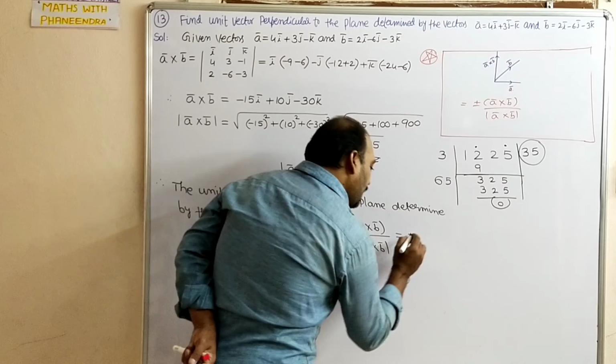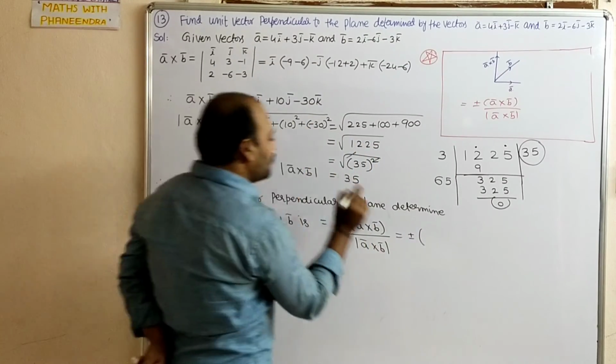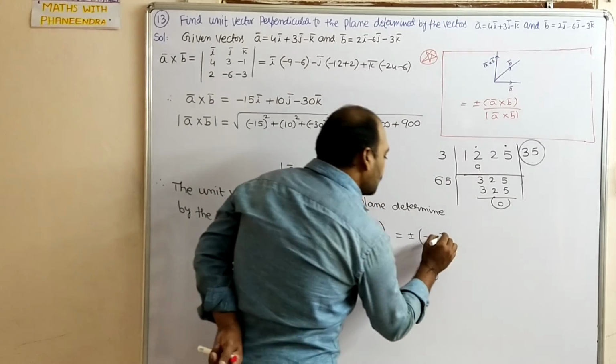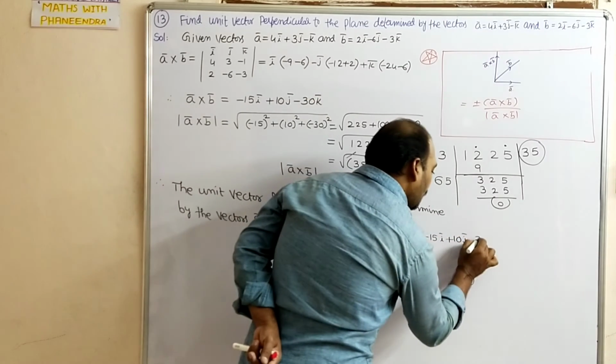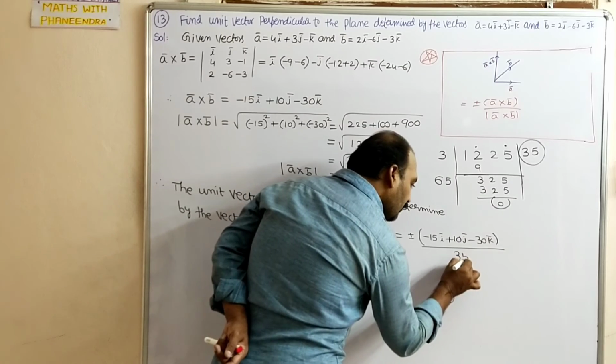to plus or minus. What is A bar cross B bar? This vector we got: minus 15I plus 10J minus 30K divided by 35.